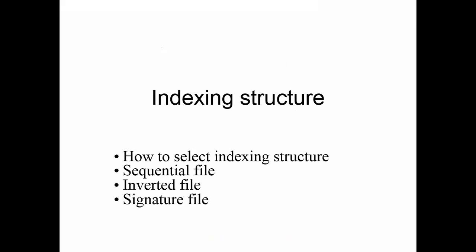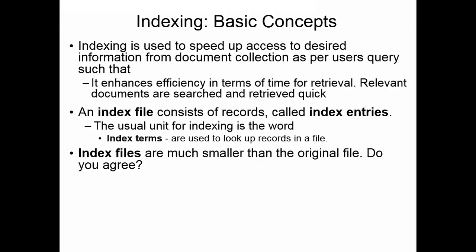The issue is what kind of indexing structure we have to use for organizing index terms, basically index terms collected from the document collection. There are many indexing structures available, but the most frequently used indexing structure is the inverted file.